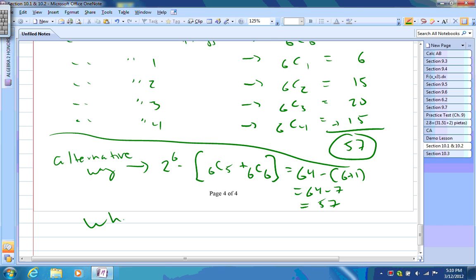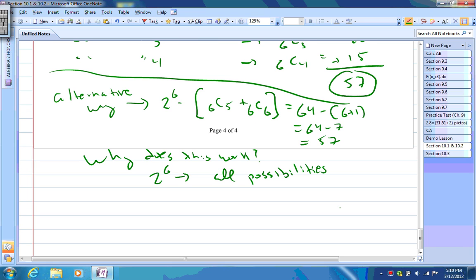Why does this work? If you think about it, 2 to the 6 represents all possibilities. Because think about it. You have 6 toppings, right? Here's the first topping. Here's the second topping. Third, fourth, fifth, and sixth. And who knows what these toppings are?